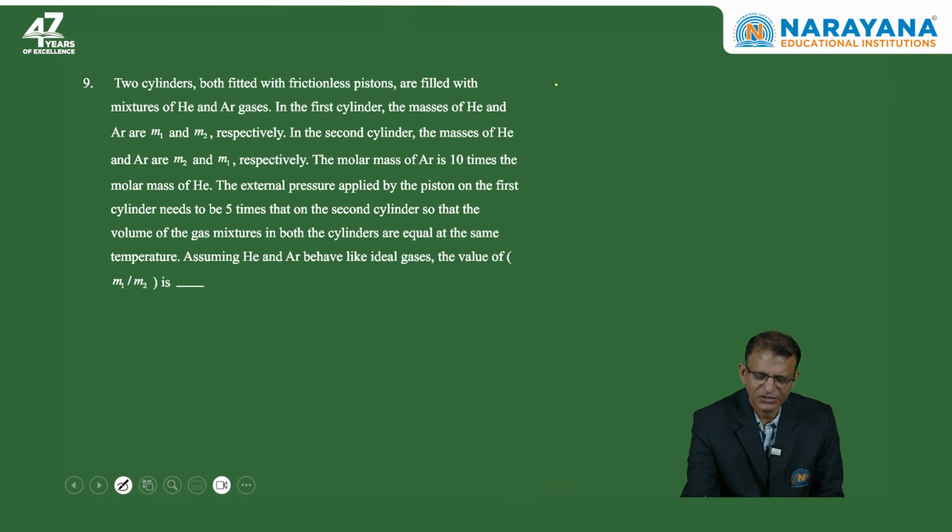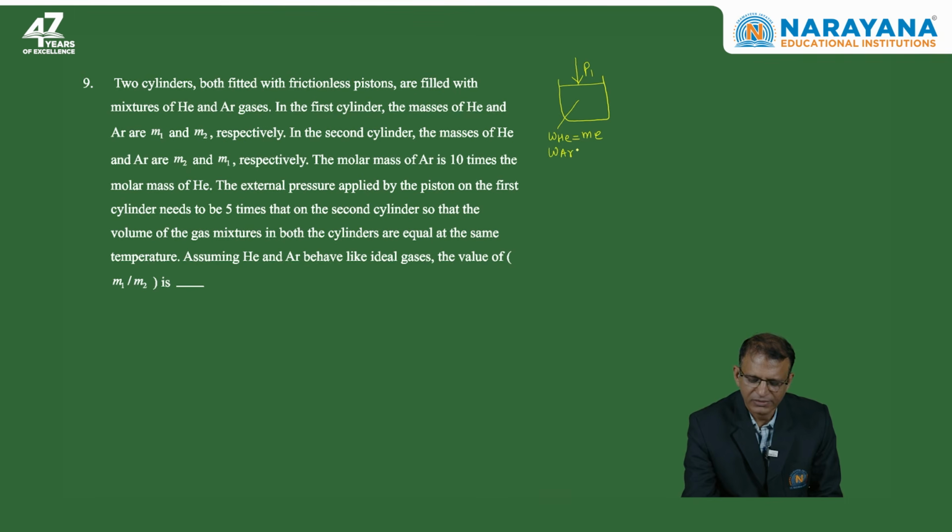So if we try to draw a diagram to understand this problem, there are two cylinders, and the pressure applied on the first cylinder is P1 and it contains helium gas. The mass of helium gas here is m1 and the mass of argon gas is m2. m1 and m2 are the masses of helium and argon gas respectively.